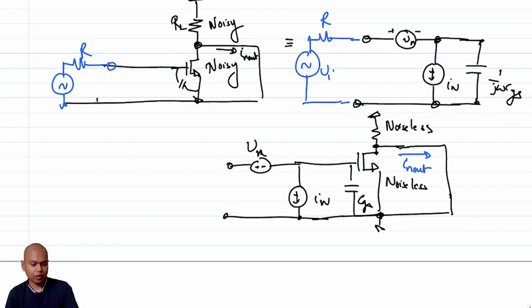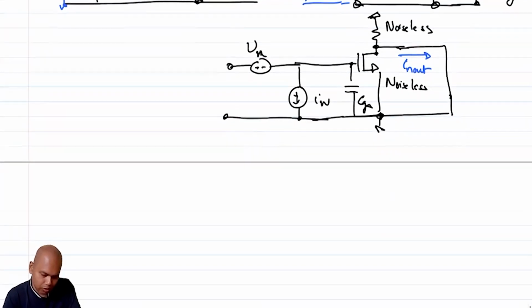If the In out in the noisy circuit and the In out in the noiseless circuit with the equivalent noise sources at the input are identical, then I know the transformation is fine. So I'll reverse engineer the process: I'll find out the In out, and from there I will find the equivalent Vn and In. Then the chances of making a mistake are zero. I'll start with the answer and then find out the question, essentially. Let's do that.